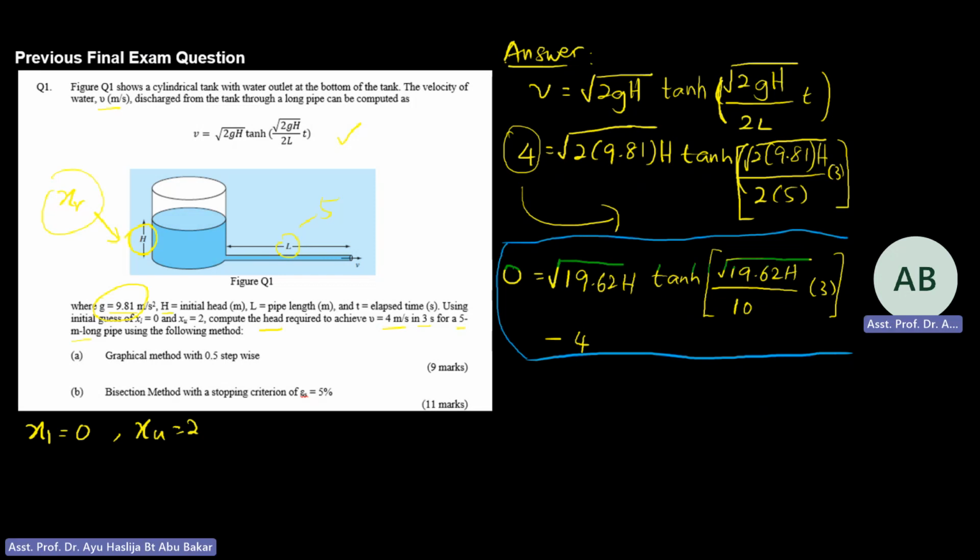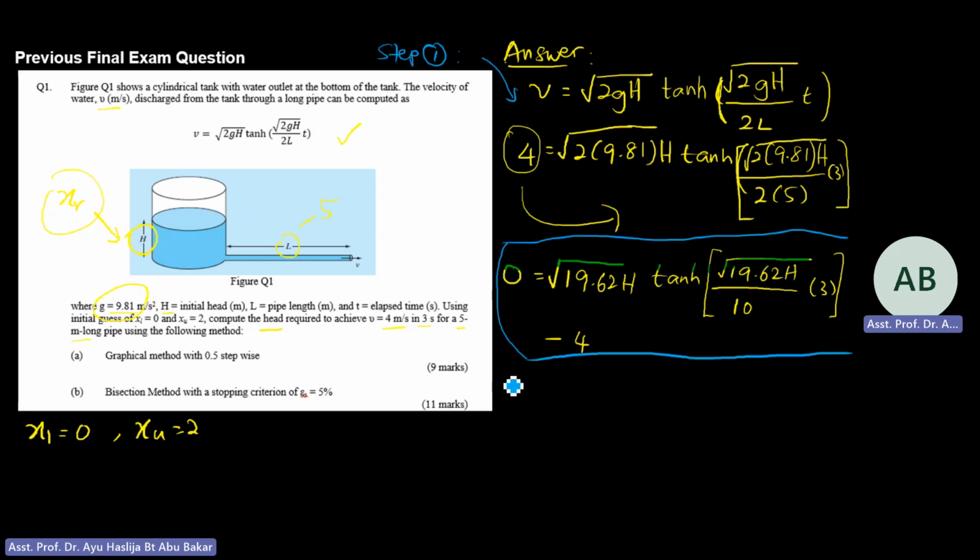There are marks for the equation rearrangement. Now from here, it already gives you the range XL and XU. This is step 1.